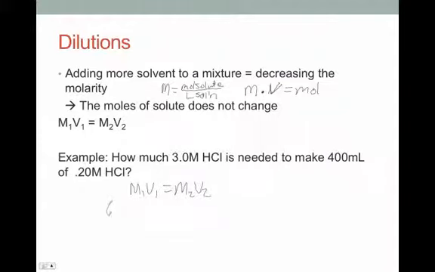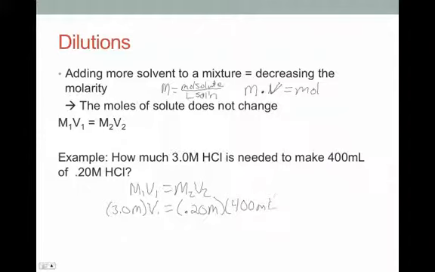We know our first molarity is 3.0 molar, but we don't know our volume, so we're going to leave that, is equal to our second molarity, which is 0.20 molar, times our second volume, and that's 400 milliliters.